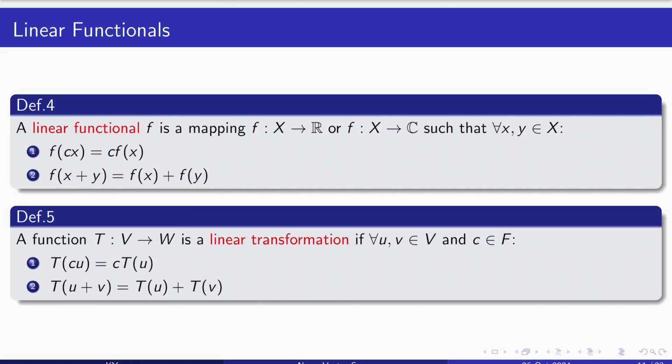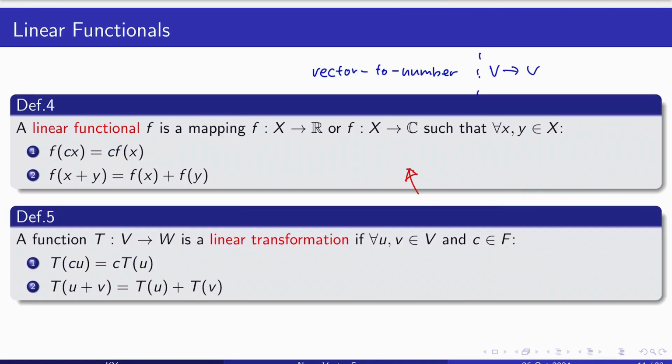This is basically the same idea that you have seen, but in our case, what we're going to talk about with linear functionals is that the difference here is that we have a vector to number map rather than a vector to vector map.